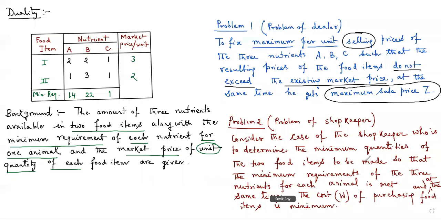So the shopkeeper wants to minimize the purchasing cost of these food items, and the minimum quantities of the 2 food items must satisfy the minimum requirement of the 3 nutrients for each animal. Okay.